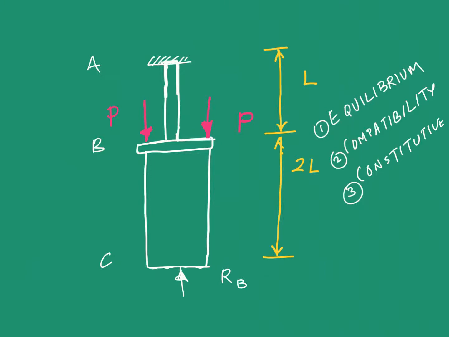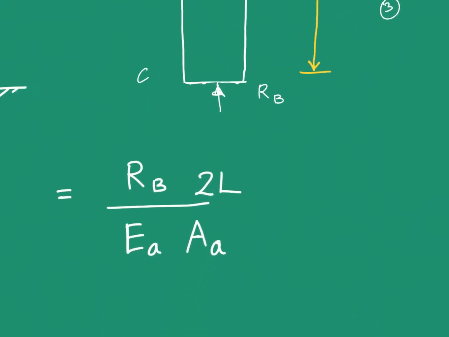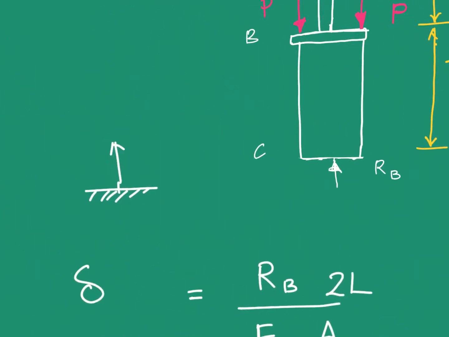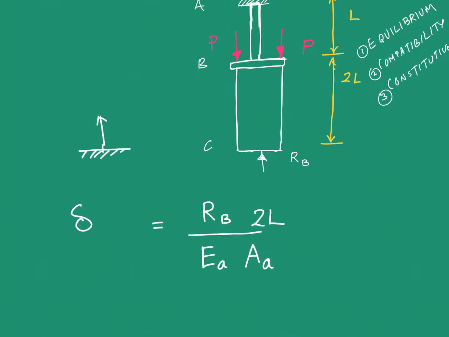But in the actual problem, displacement of C will be 0. So once we impose that constraint into the problem, then we will be able to solve the problem completely. And in order to get the strains or whatever quantities you are looking at, you can use constitutive relations. Make sense? That is the strategy that we are going to follow for solving this particular problem.